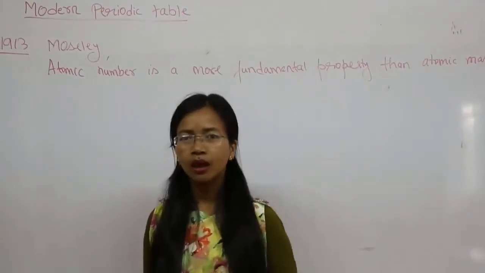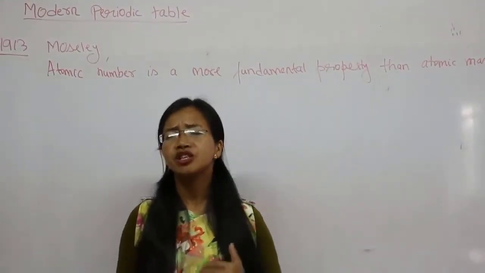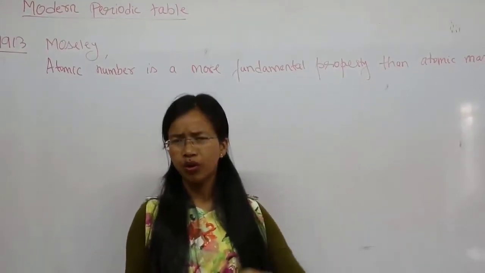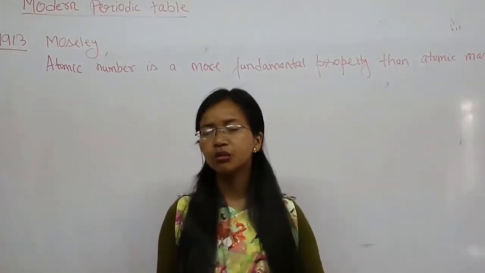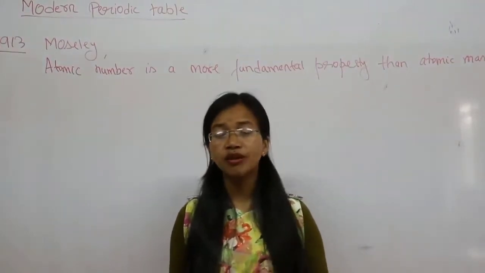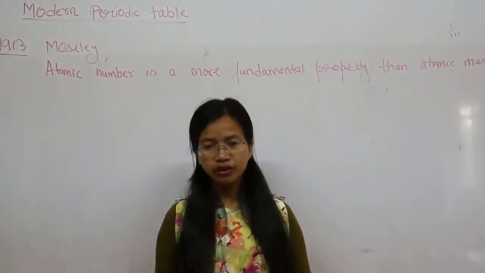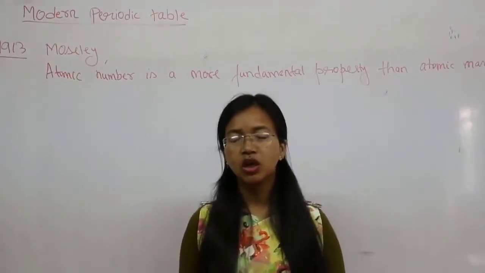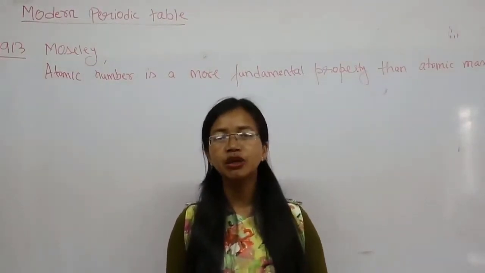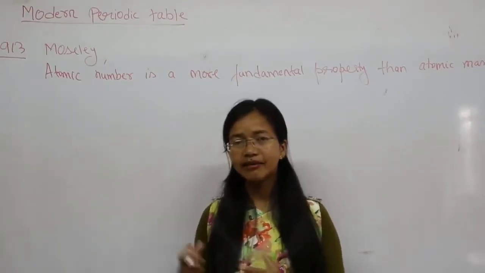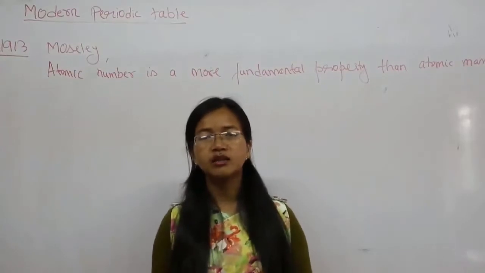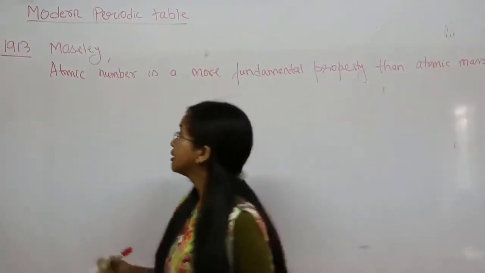So this was a complete shift from atomic mass to atomic number. What is an atomic number? An atomic number is the number of protons present in the nucleus of an atom. So for now we are going to concentrate on the arrangement of elements based on the atomic number. And this arrangement leads us to another law which is known as the modern periodic law.